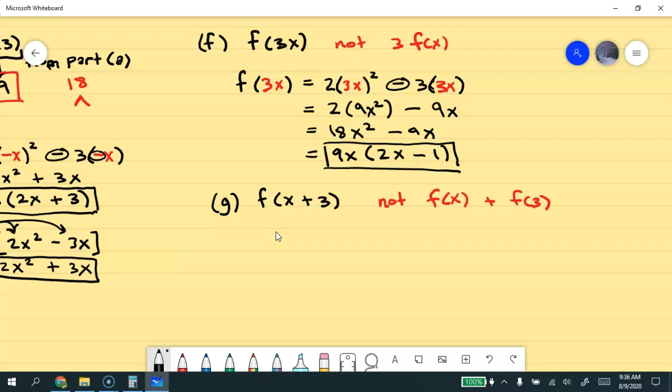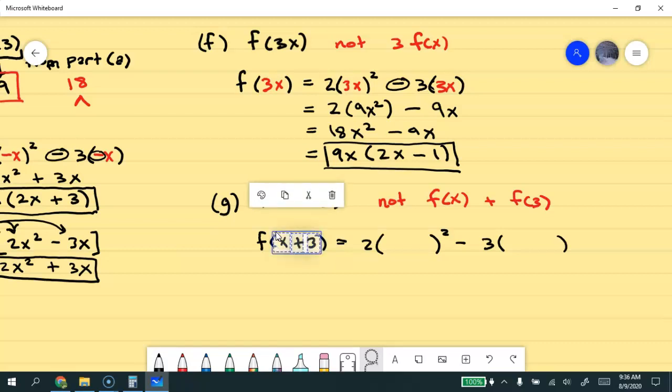So once again, f of x plus 3 is equal to 2 multiplied by something squared minus 3 times something. And so purposefully, I am putting everything that is being plugged in, in a different color, so we'll make that red.